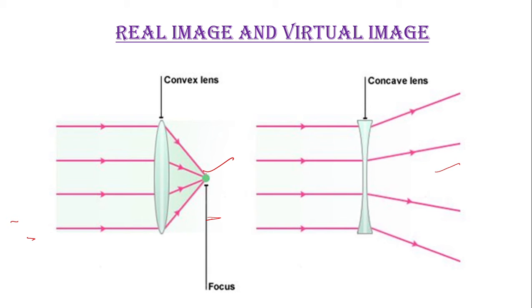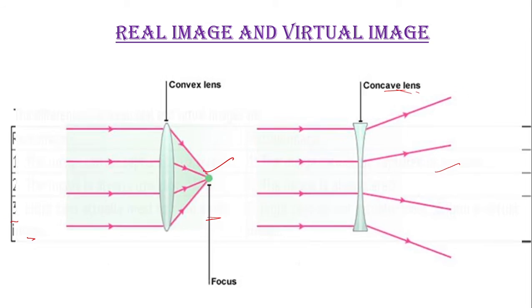Whereas in a concave lens, the rays get diverged, hence it is also called a diverging lens. So in this case we can't obtain the image on a screen, whereas over here we can. Hence a convex lens will most of the time form a real image, whereas a concave lens won't be able to form a real image.